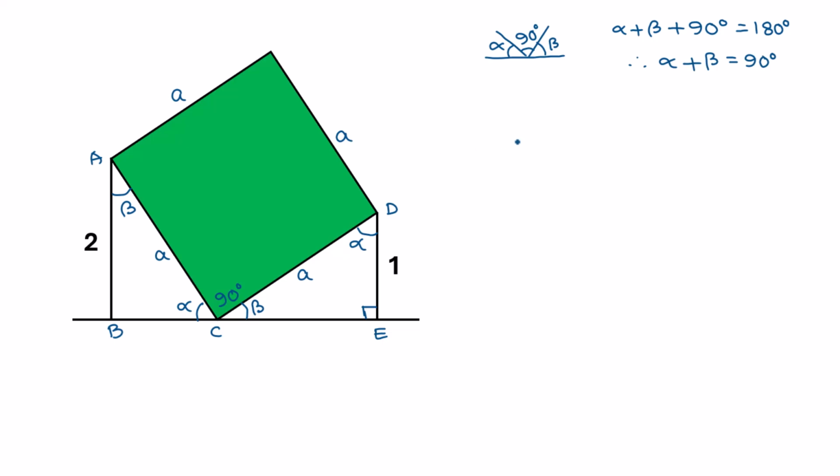Now focus on triangle ABC and triangle CDE. In these two triangles, this angle BAC, this is beta, BAC is equal to this DCE in this triangle, because these two angles are equal.